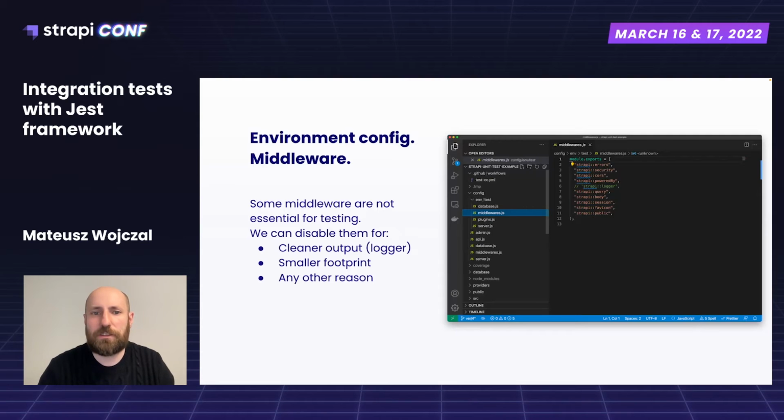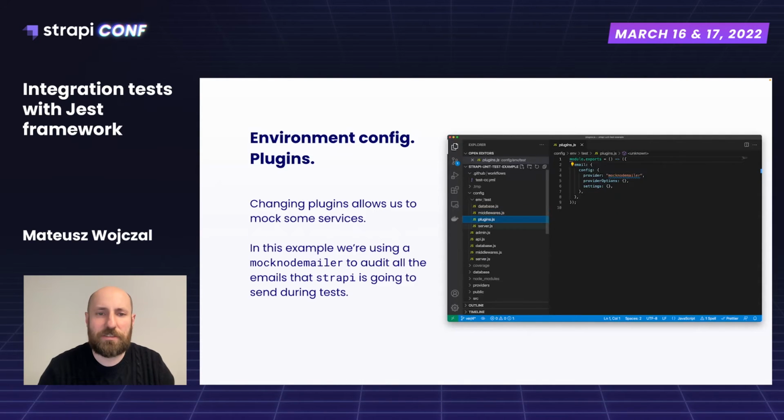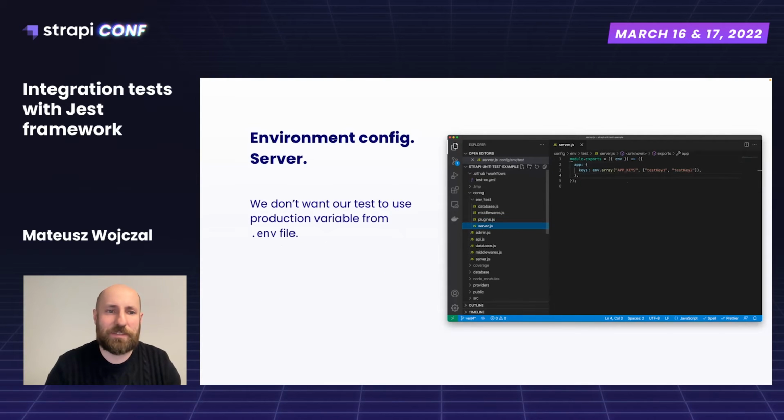So we don't need the logger, so we can just disable it. And for plugins, this is really nice because here we can swap plugins. Here is an example where I will be using a mock node mailer to replace the original node mailer just for testing purposes. This will allow me to catch the emails that will be sent by my tests.